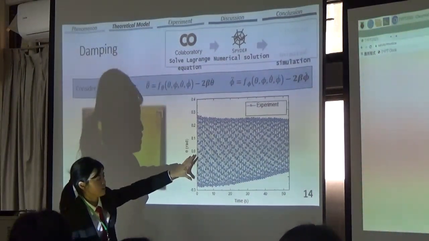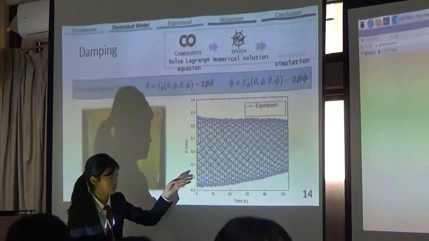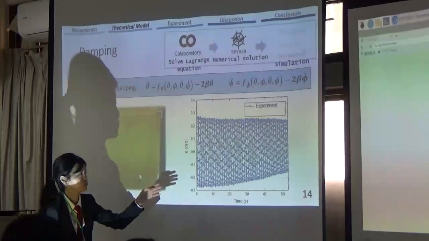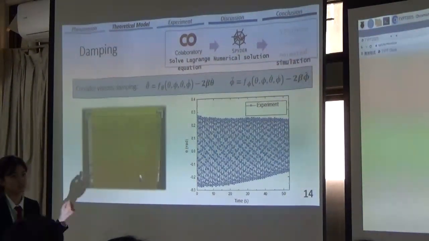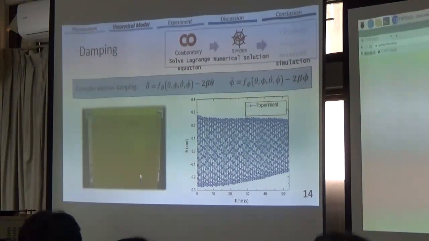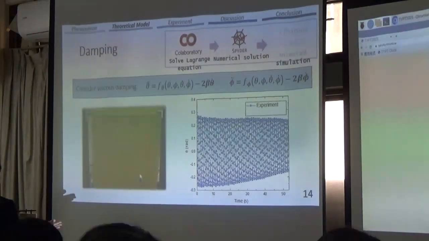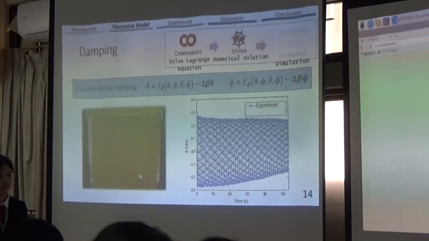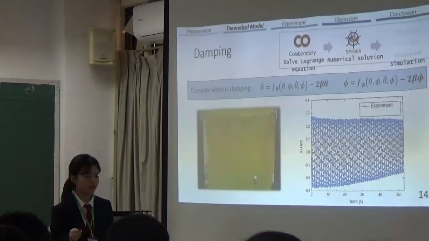We actually flipped this side of the graph to calculate the average damping of the experiment. And that is one of the reasons that the pendulum stopped.